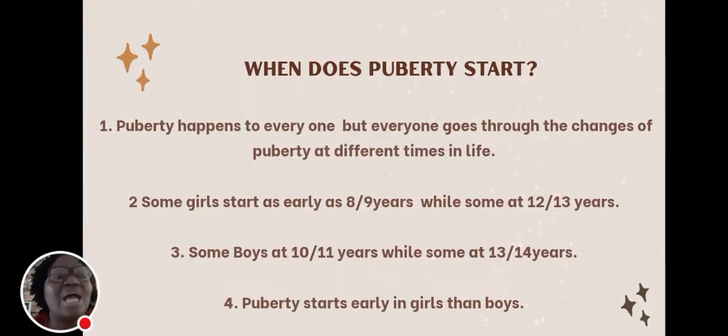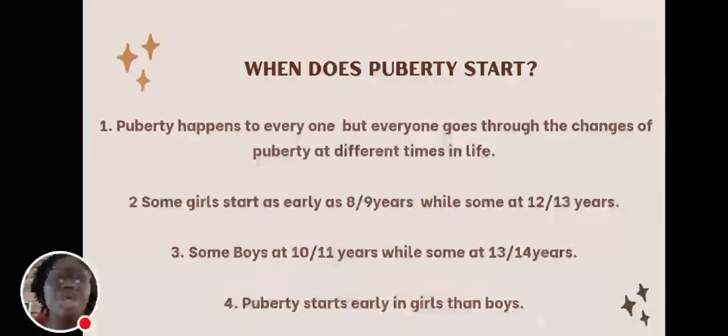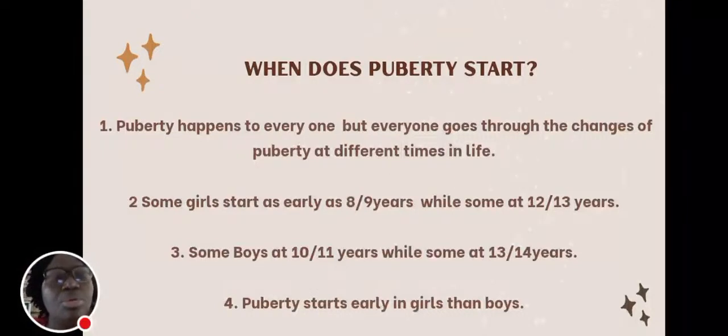Some girls start as early as 8 years, some 9 years, while some at 12 or 13. So it's different for everybody. If you are in a class and you see that the girls in your class are already developing breasts and you don't have, don't be frightened, don't worry. At the right time, your body will start to change. Your body will start to grow.